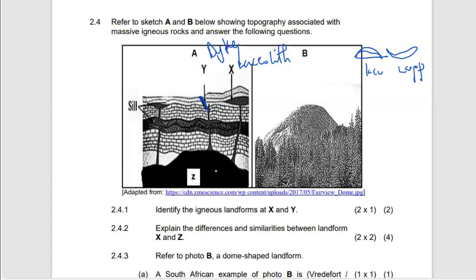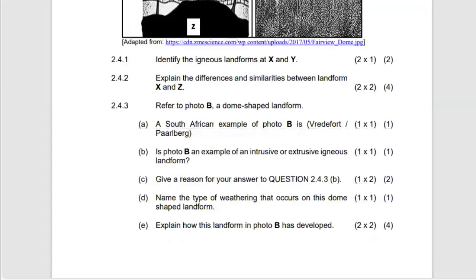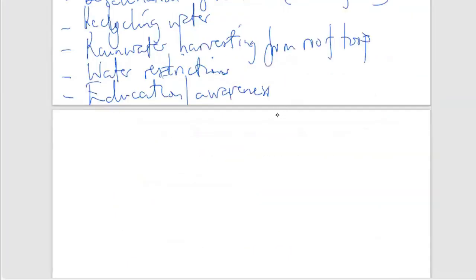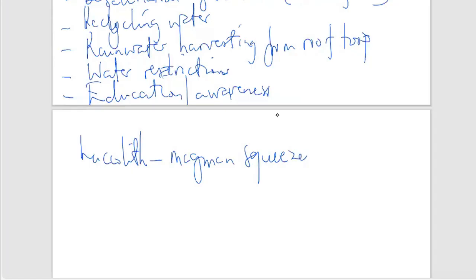When we're comparing a laccolith, we are asking how does it form? A laccolith basically forms when magma squeezes between rock layers.